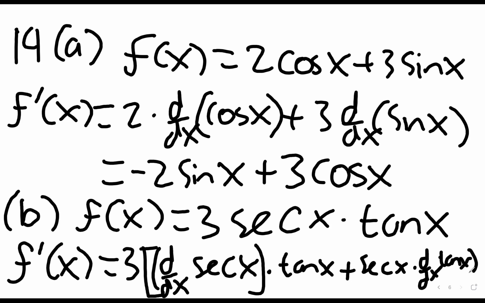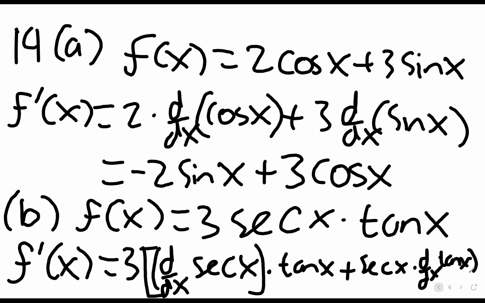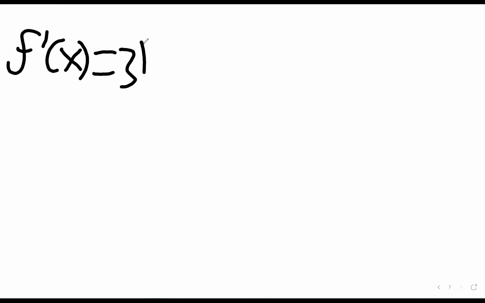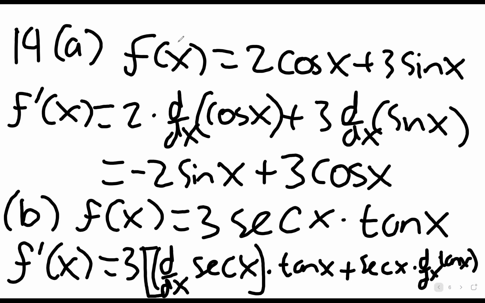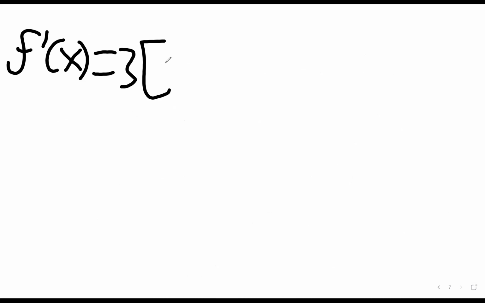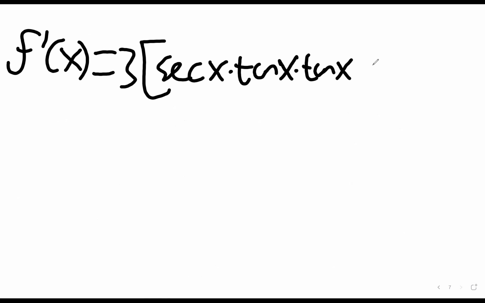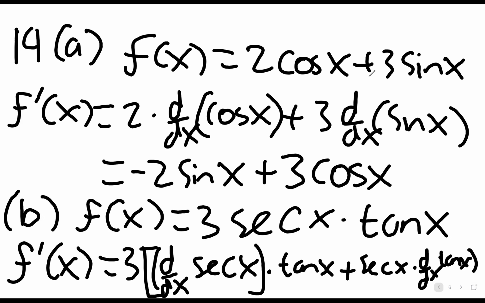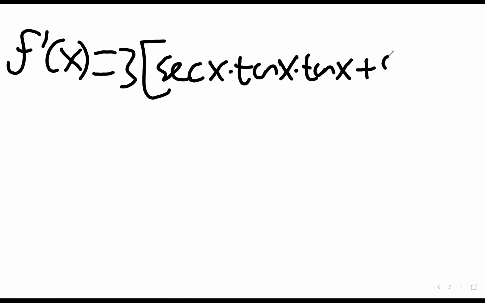Of course, we'll have f prime of x equals 3 multiplied by the derivative of secant of x, which is secant x multiplied by tangent of x, then multiplied by tangent of x, and then secant of x fixed.